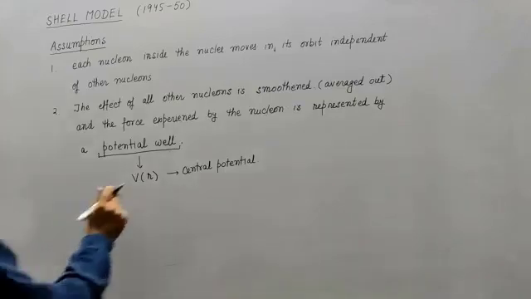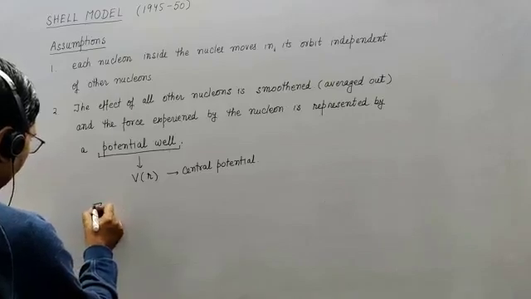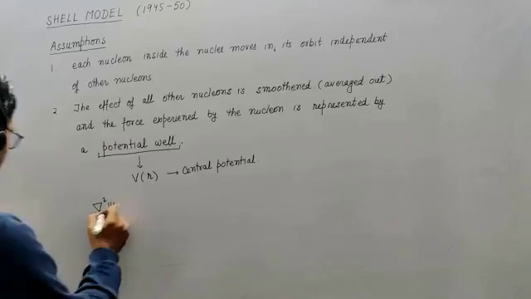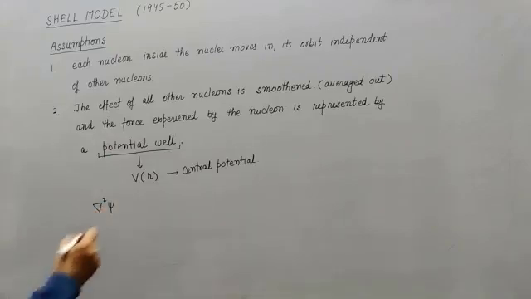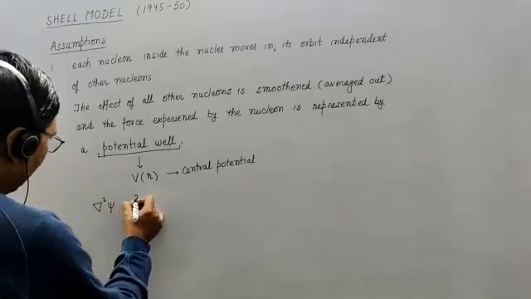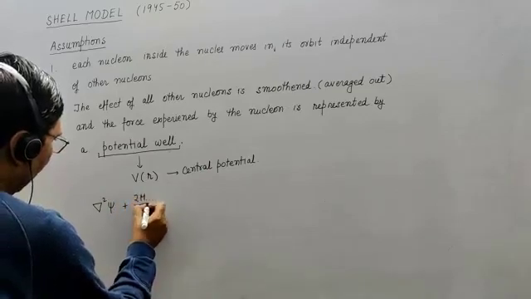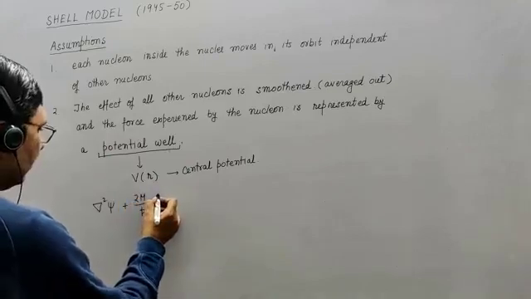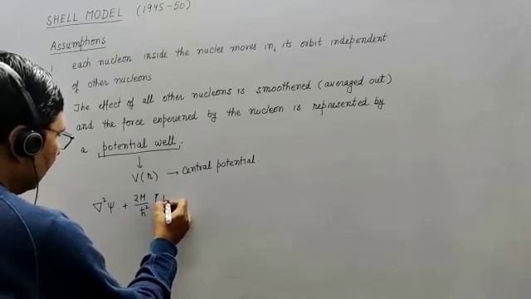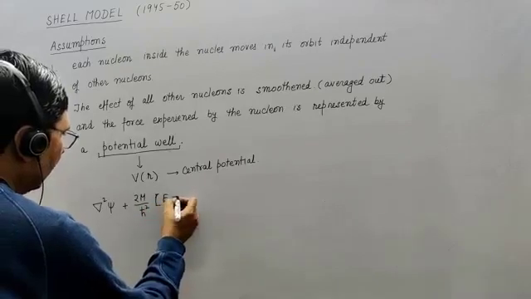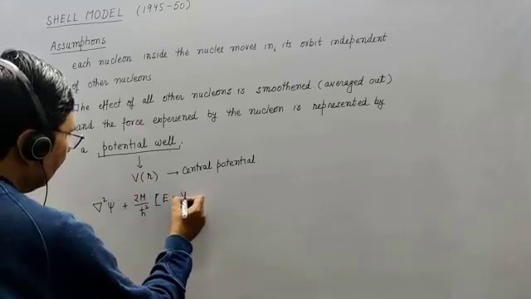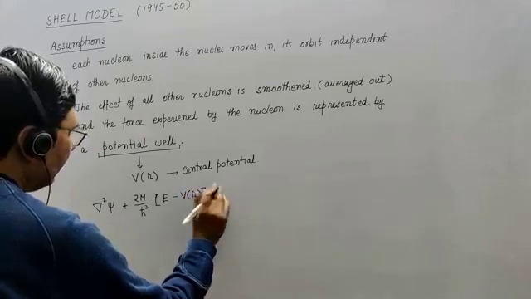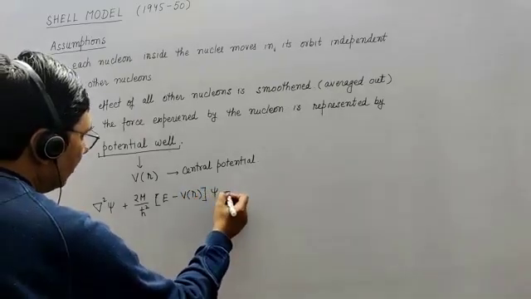The equation will be del square psi plus 2M upon h cross square, where capital M is the mass of the nucleon, times E, which we have to calculate, minus V(r), the potential well in which this particle is considered, times psi, equal to 0.